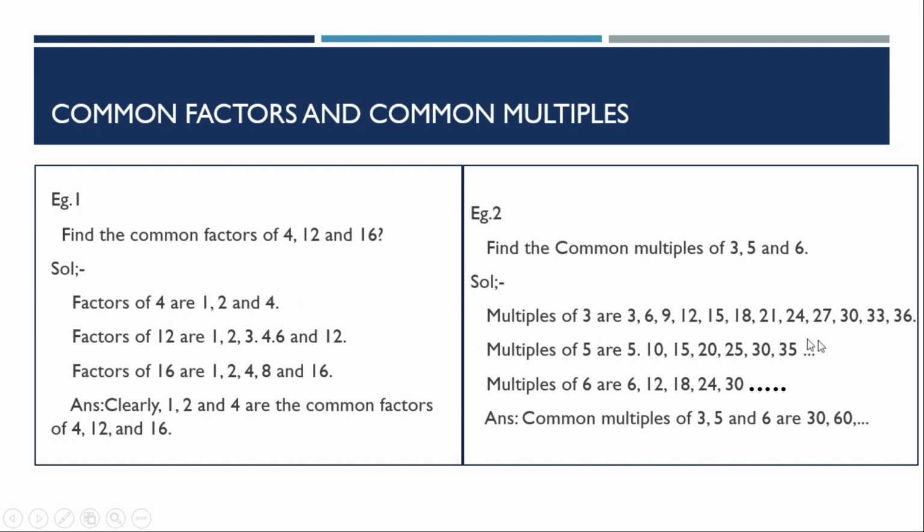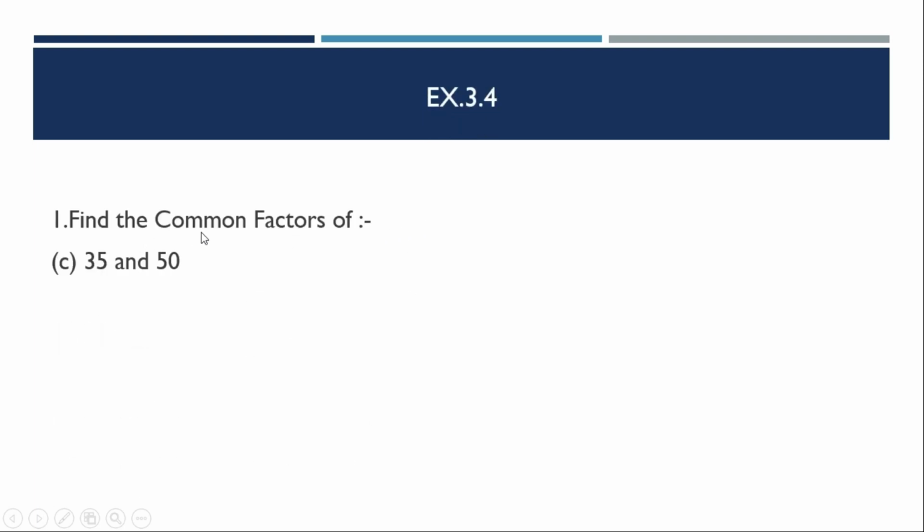Let us go to the exercise. Exercise 3.4. Find the common factors of 35 and 50. In the first exercise itself, I taught you how to find the factors in an easy way. Let me tell you that again. Factors of 35. Start from the one table. 1 35s are 35. Next, in the 2 table you won't get it, because it's an odd number.